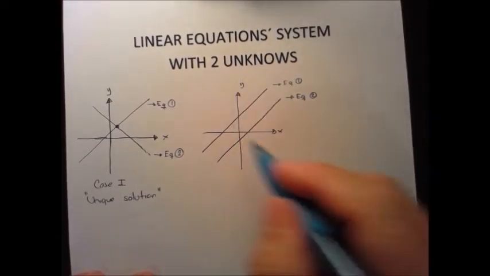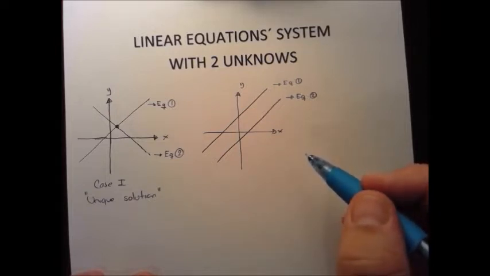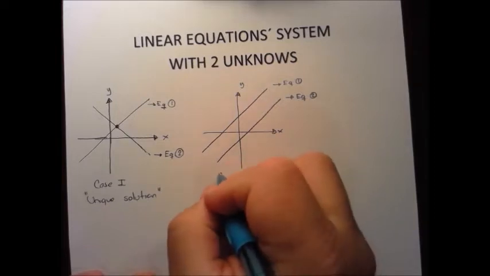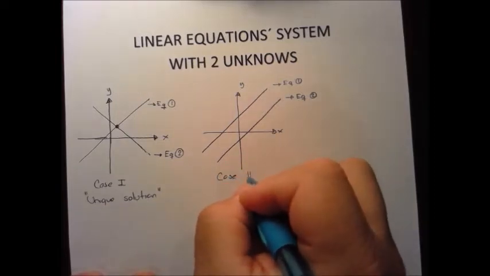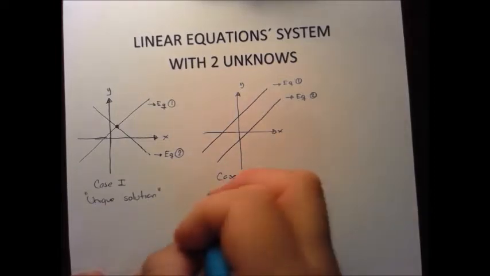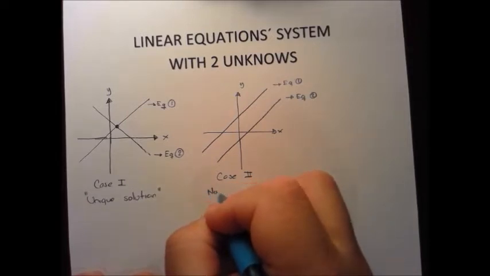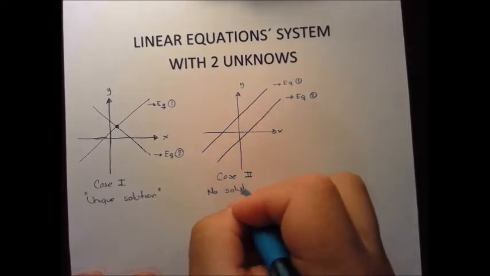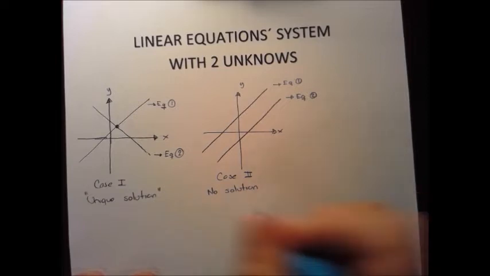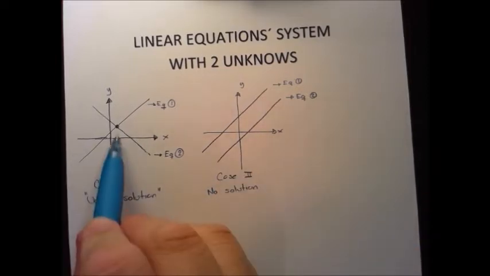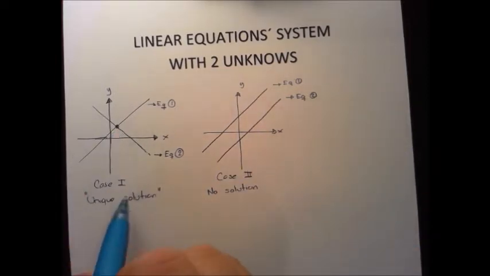It means that they are never going to join. They are not going to have an intersection. In case number two there are no solutions, because we don't have an intersection. Remember, each intersection is going to be a solution. In that case, there is no solution, or it doesn't have a solution.